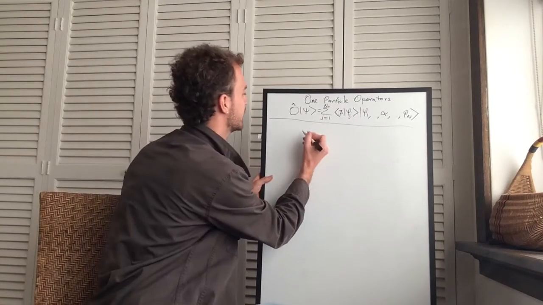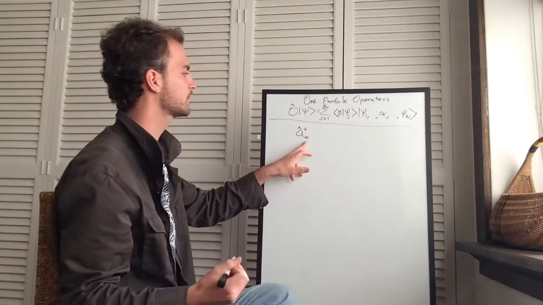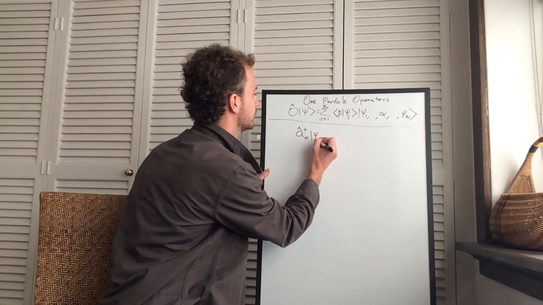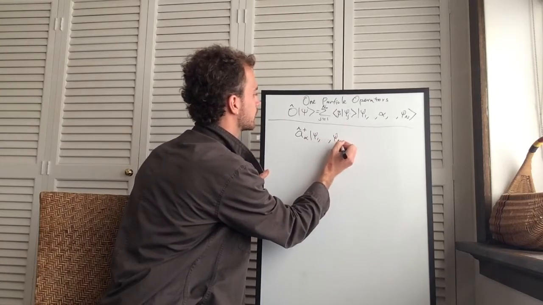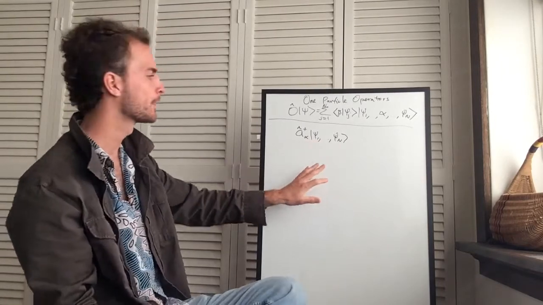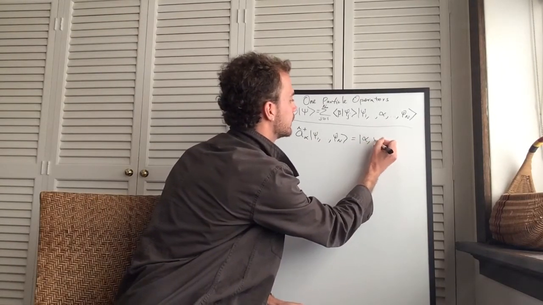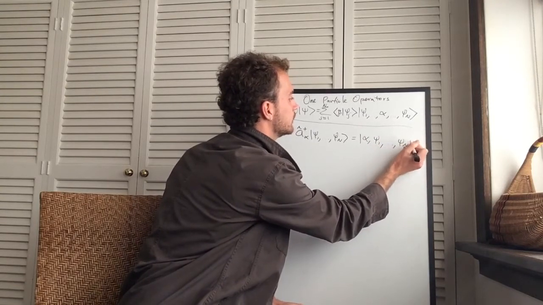So let's look at the creation operator. This is the more simple of the two. If we want to create a particle alpha in our n-body system, we operate it on one of the states in that system, and what it does is it basically just pops the alpha state into the tensor product.